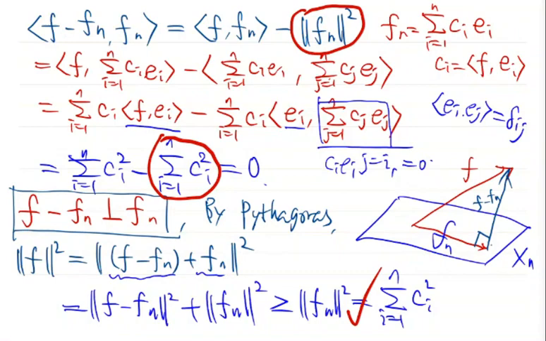And we also write the ci squared in a more precise form, that is, the inner product of f and ei, squared. So we obtained this result. For every n, this is true. This argument is true for every n. So we have the so-called Bessel inequality.